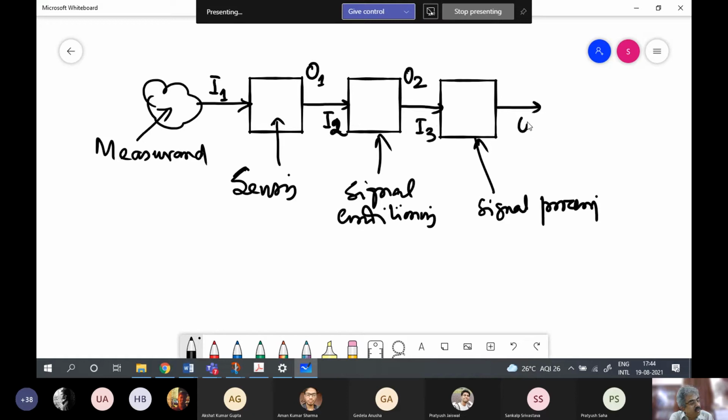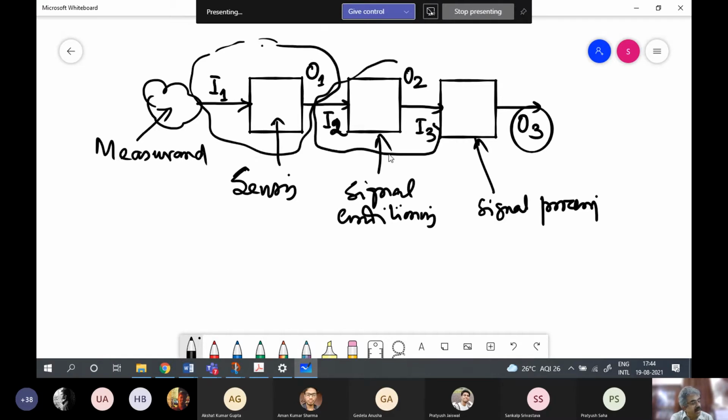And then we have O3, the final output. Block by block, we can do the same analysis. Once we calculate sigma square O1, we put it as sigma square I2, then calculate sigma square O2 and put it as sigma square I3. In this way, we can calculate the uncertainty of the whole measurement system.